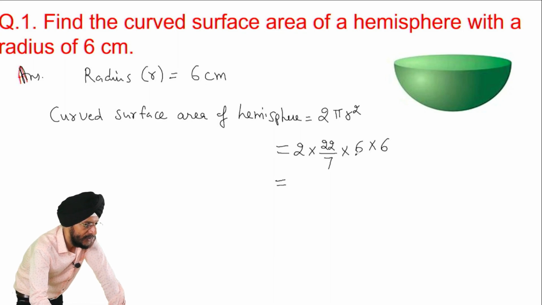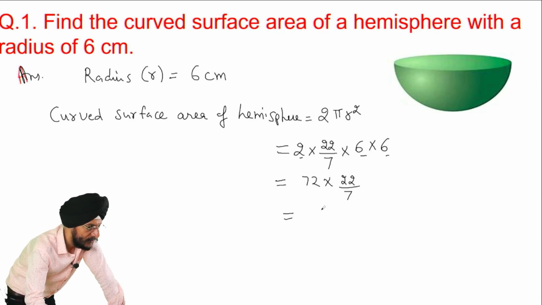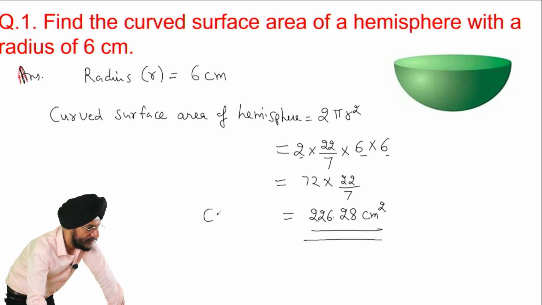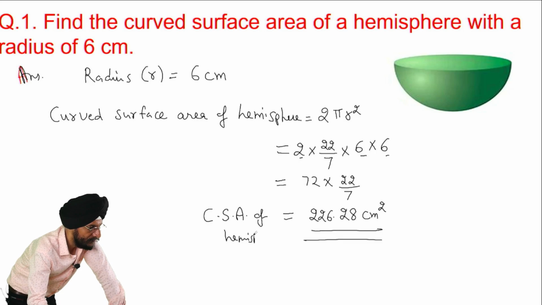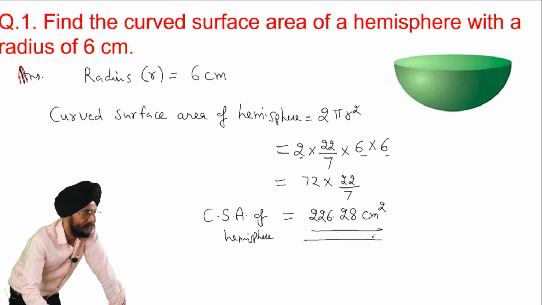So now it becomes 2 multiplied by 6 multiplied by 6, 72 into 22/7, and if we solve it, we will arrive at 226.28 square centimeter. This is the curved surface area of hemisphere. This is the answer.